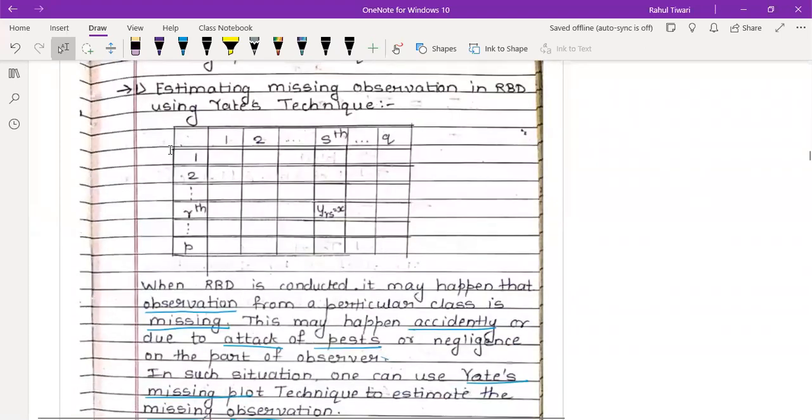You want the total of the Rth treatment's observations.